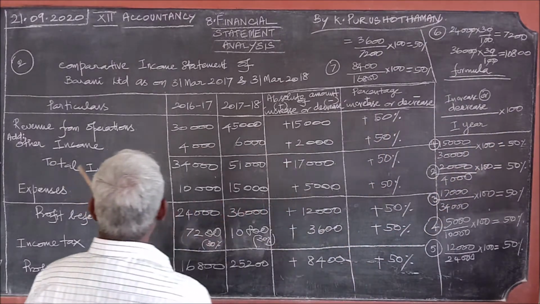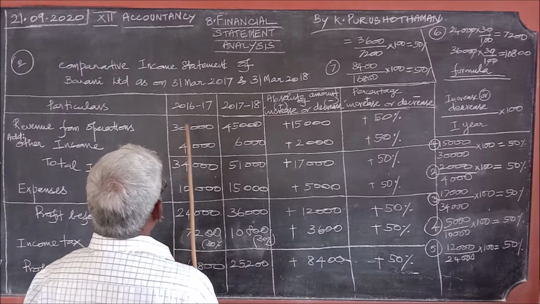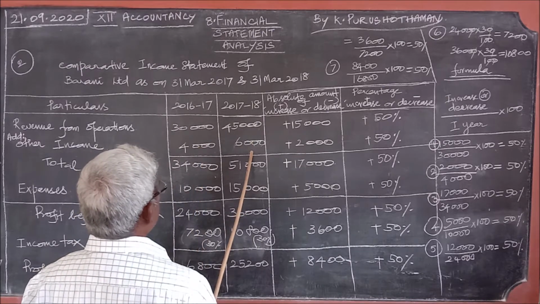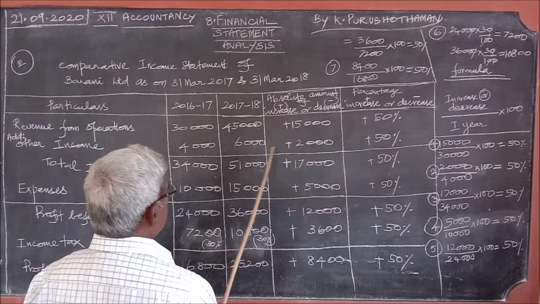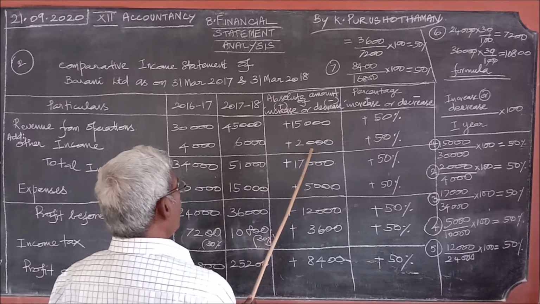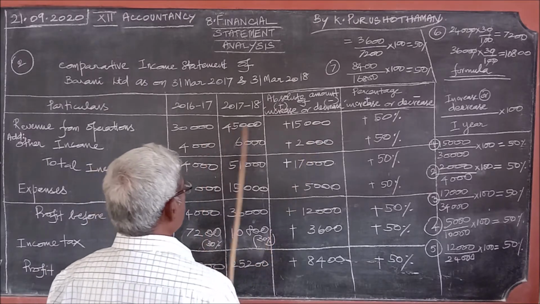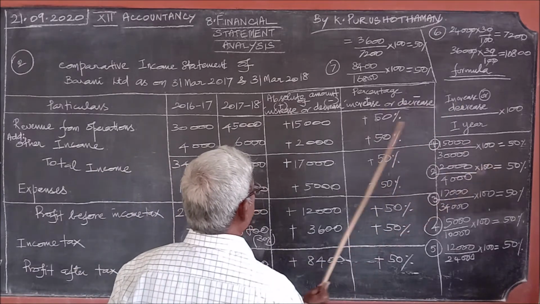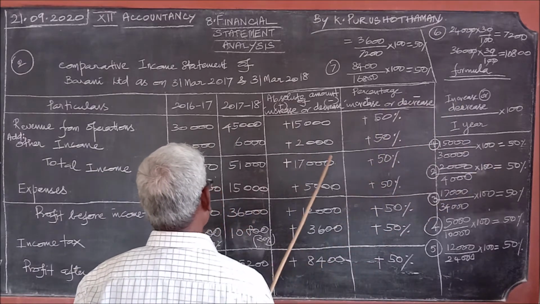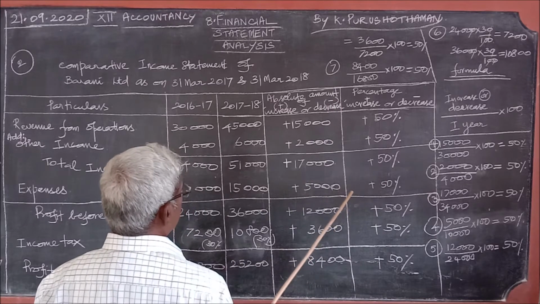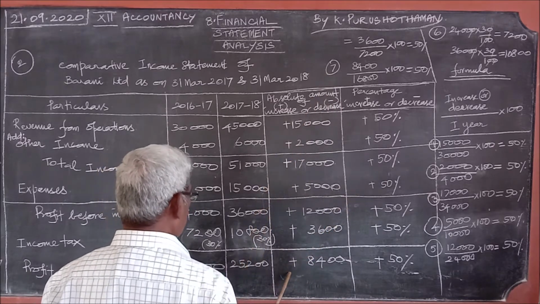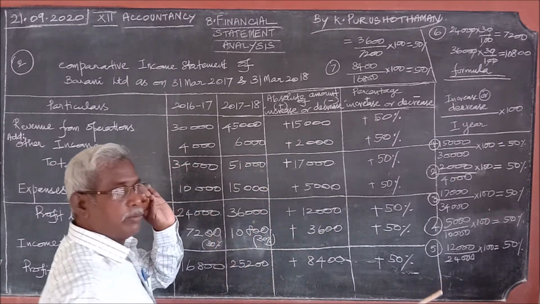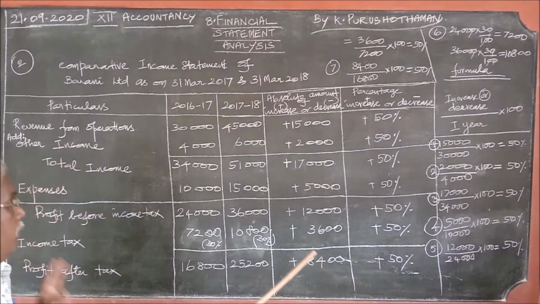Then what about other income? First year 4,000, second year 6,000. Therefore, there is an increase of 2,000. As usual, increase by first year into 100, 50%. It is an increase. I said already, for increase we should put plus, for decrease we should put minus. Be very careful.